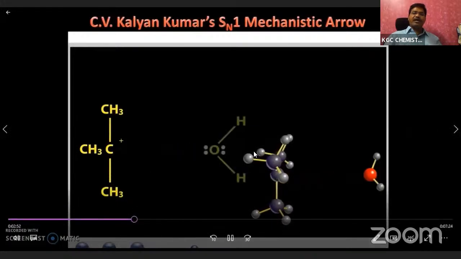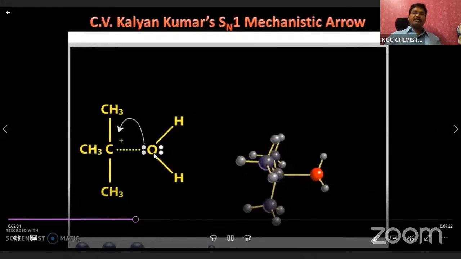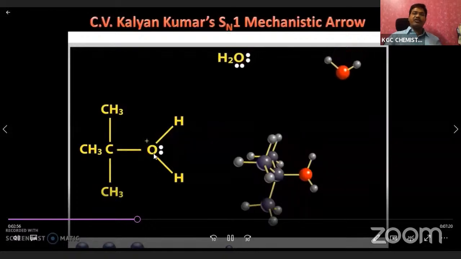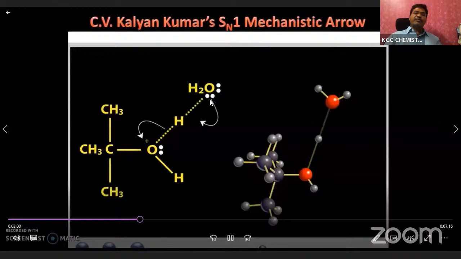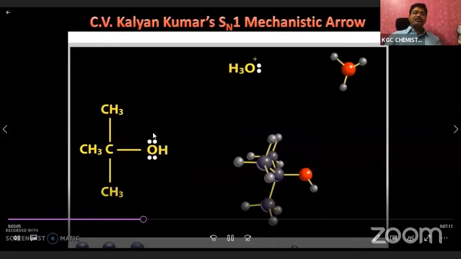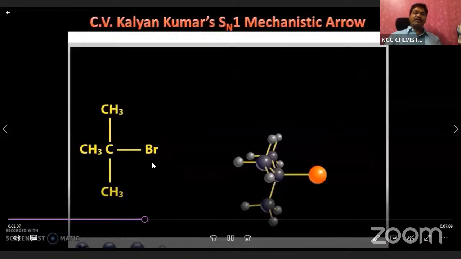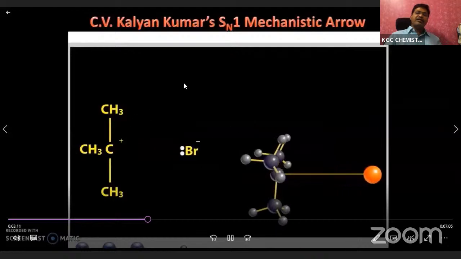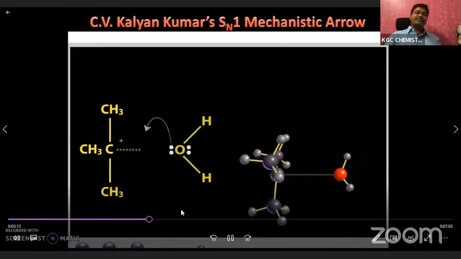The first step is the ionization step. And this is going to be the water, a nucleophile, that attacks this carbocation. Then the proton is lost. Then here it is the OH. Now here what happened? On the same side as the bromine, the OH is added. That is the retention of the configuration.